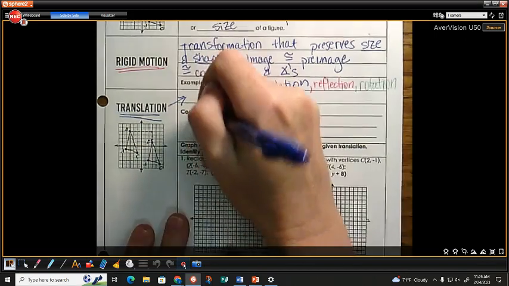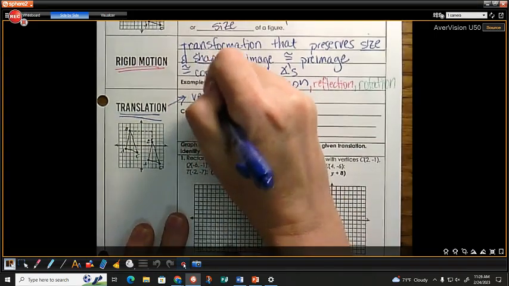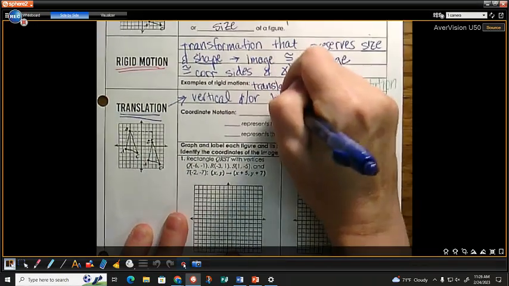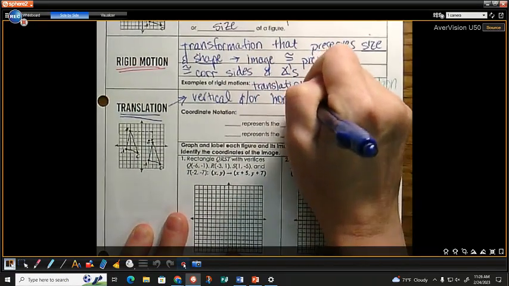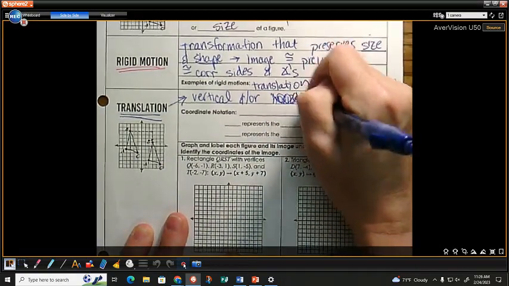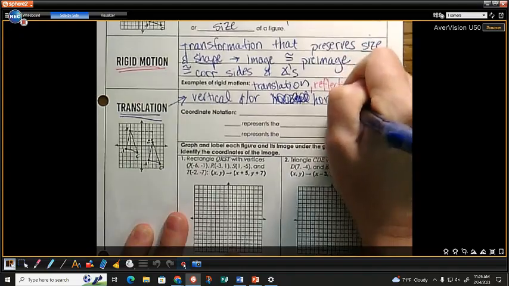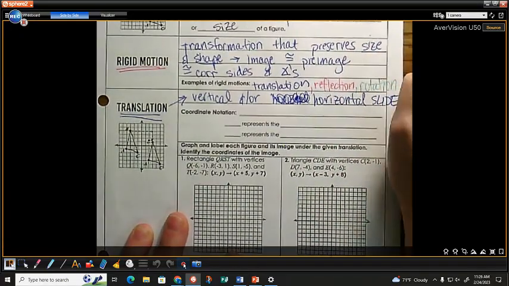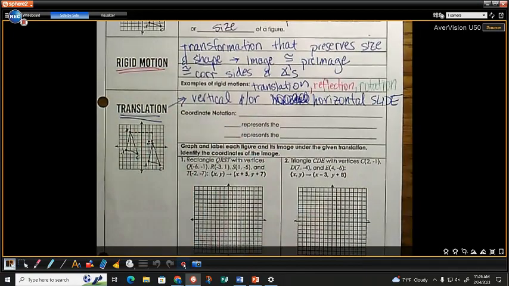Okay? And so it's a vertical and or horizontal slide. Okay? Notice it's and or. Could you do both? Yes.